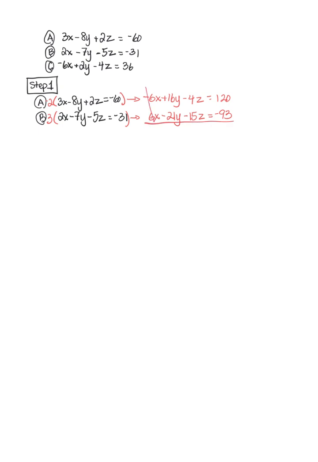Those will disappear. Here I end up with negative 5y minus 19z equals 27. Now do you see what I did was I reduced two equations that each had 1, 2, 3 variables, and now I have one equation with just 2 variables. I'm going to call that equation D.